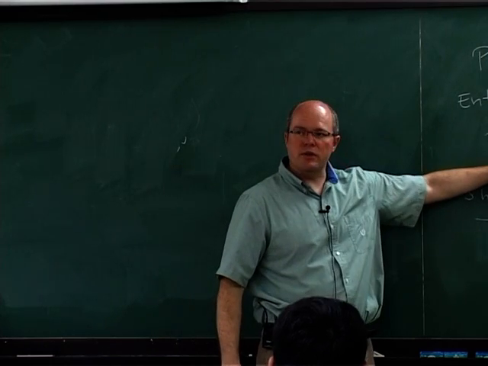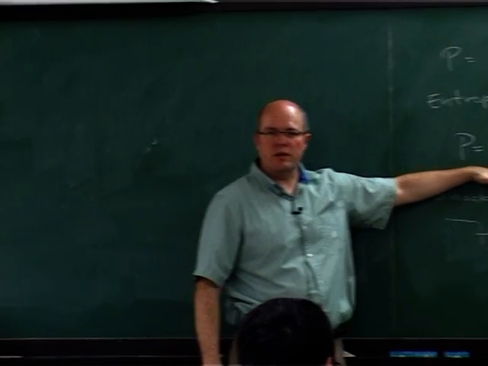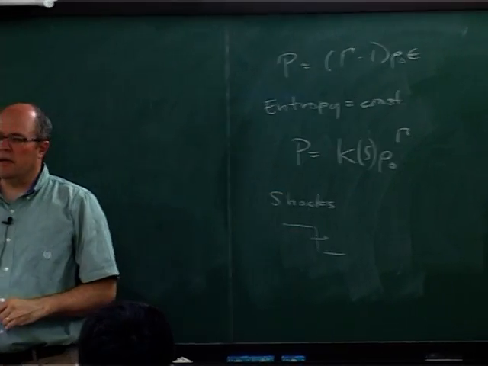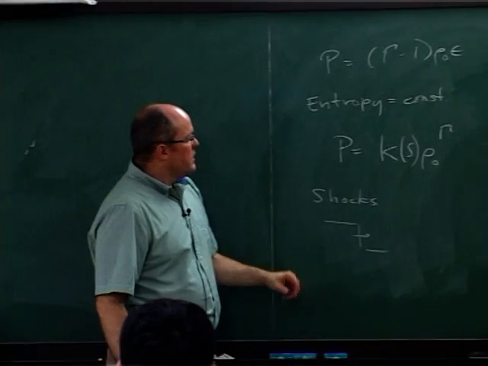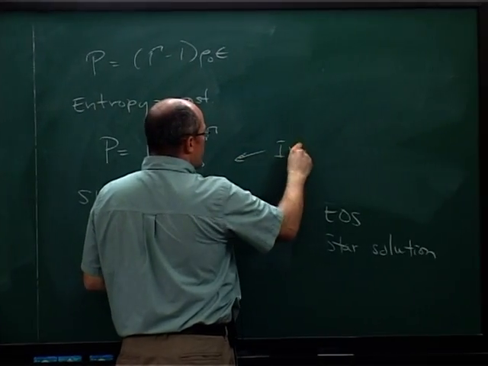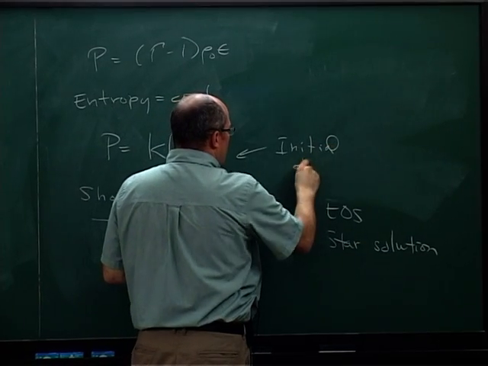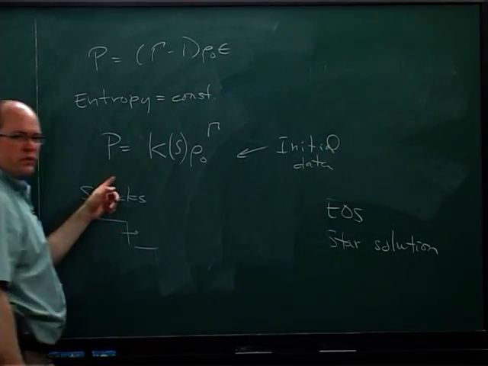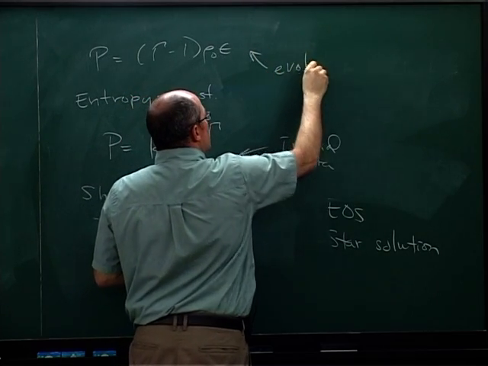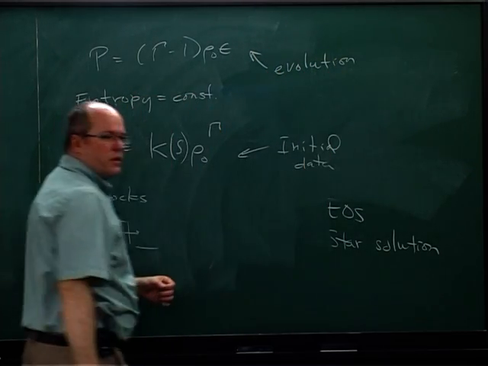Then we can build our star solutions using the polytropic form of the equation of state. And that's what we will do when we look at the stars. If you start doing relativistic fluid mechanics, often our initial data is constructed with this, but our evolutions in time, where we have shocks, we're going to use that form of the equation of state.